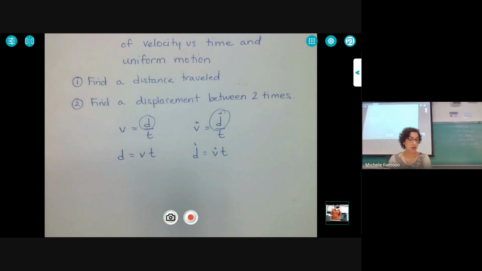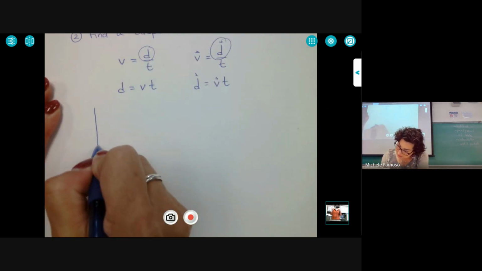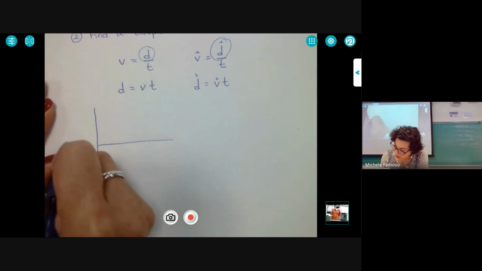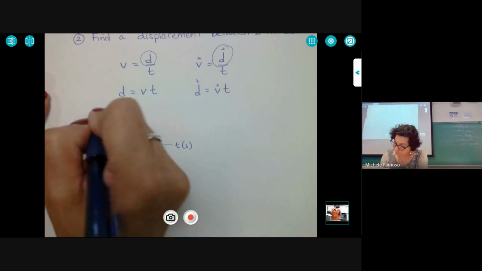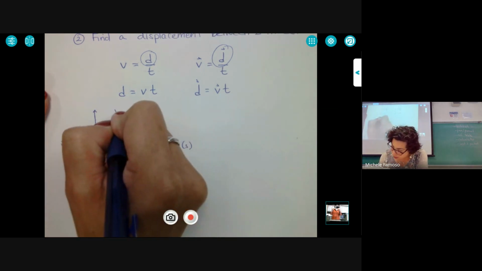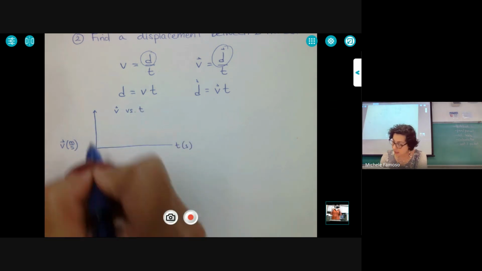Okay, so let's talk about where that comes from on a graph. I'm going to give you a graph. This is a sketch of a graph of velocity in meters per second over time in seconds. So our title would be velocity versus time.